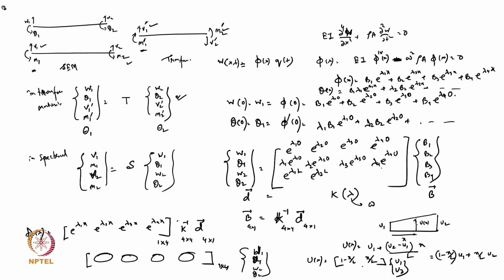So we call 1 minus x by L and x by L the two shape functions. Agreed?